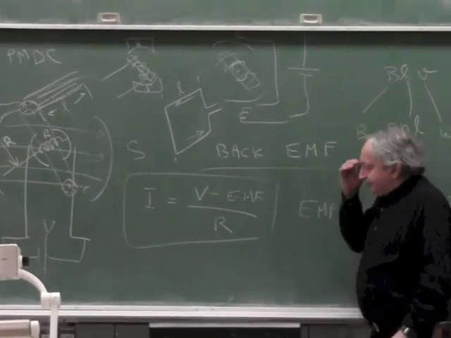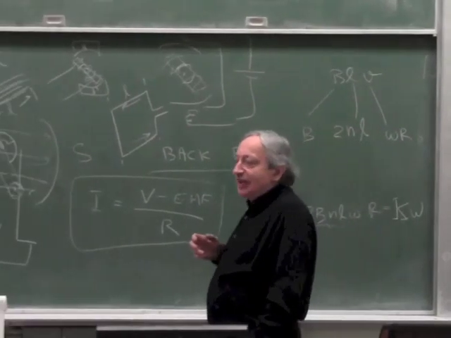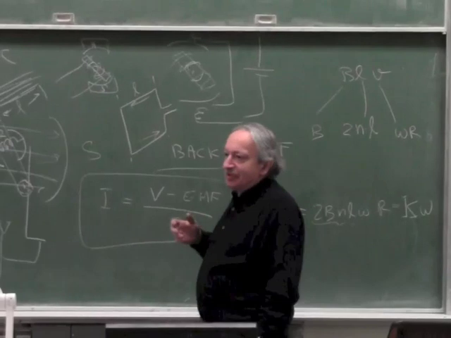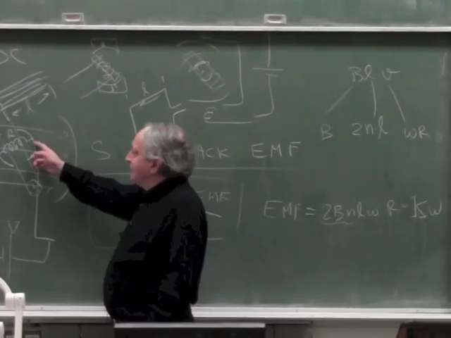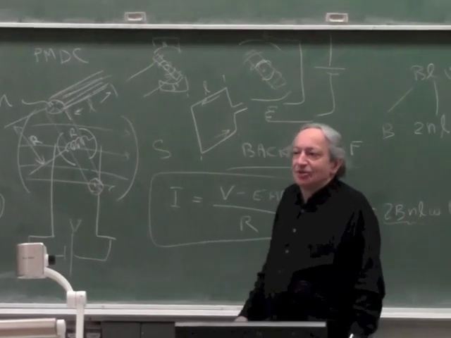Okay. Now, when you make the motor, you're trying to make it as efficient as possible. So you're trying to make this resistance as low as possible, because this resistance represents losses.